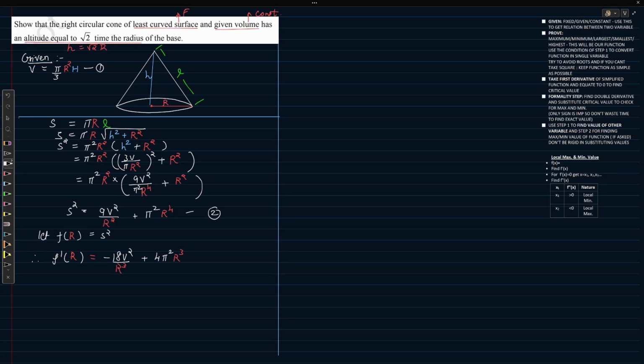This is our differentiation. Let this be equation 3. Let f dash r equal 0. Therefore, we can say 18 v square upon r cube equals 4 pi square into r cube.